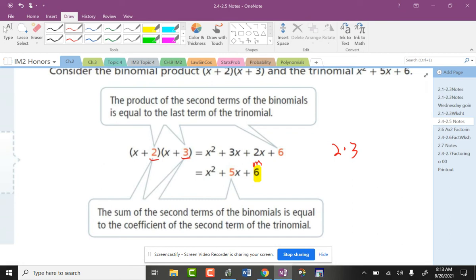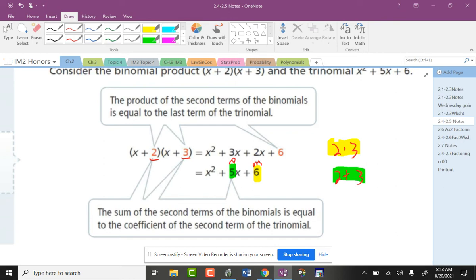And then look at 2 plus 3. I'll highlight these in yellow, and I'll highlight this in green. 2 plus 3 equals the middle term, so I will call that the A term. And maybe you do want to write this part. For us to factor this x squared plus 5x plus 6, it's an MA analysis.